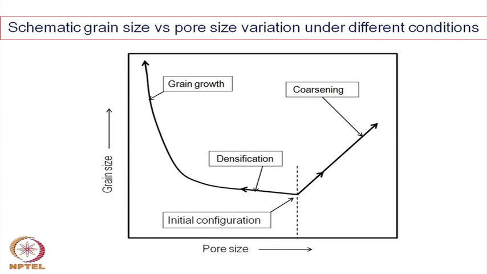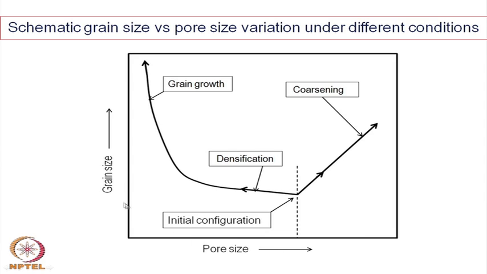This is another situation, or the phenomenon can be described in a slightly different way. Here we have plotted once again grain size versus pore size, not the theoretical density which I plotted earlier.